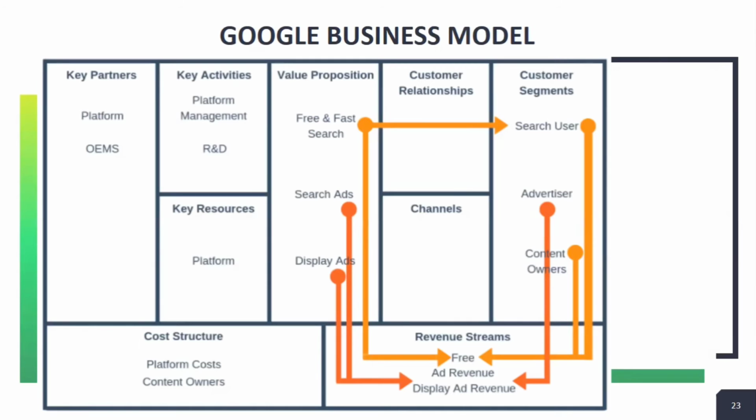Google's business model has a network element to it. That is, the more ads it displays to web searchers, the more advertisers it attracts. And the more advertisers it attracts, the more content owners it attracts.